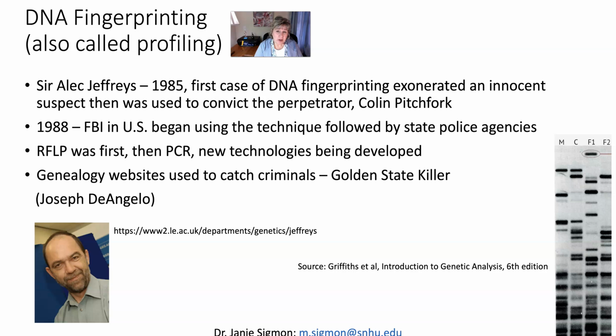Let's give it a go. So what they did was the 3 murders were found in a 3-village area, and they decided to bring in all the men from these 3 villages to take blood samples from them. This was way back when you still had to do blood. They decided to take blood samples from all the men to see if they were a match for the DNA from the 3 crime scenes.